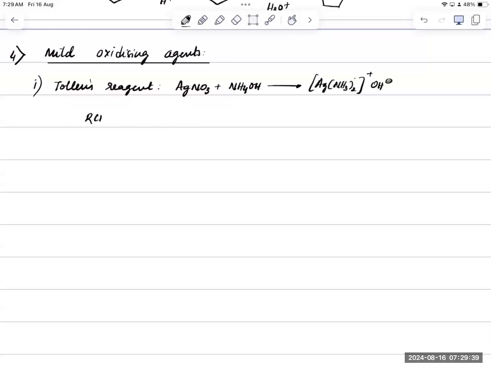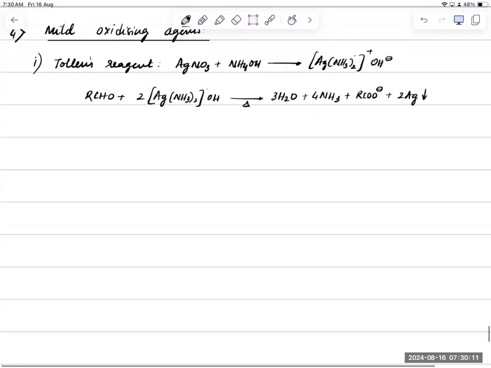If we react an aldehyde with 2 moles of Ag(NH3)2 plus, OH minus, and heat (sometimes heat is not given, but the idea is the same), we'll get the product: 3 moles of water, 4 moles of ammonia, plus RCOO minus, plus 2 moles of silver getting reduced.